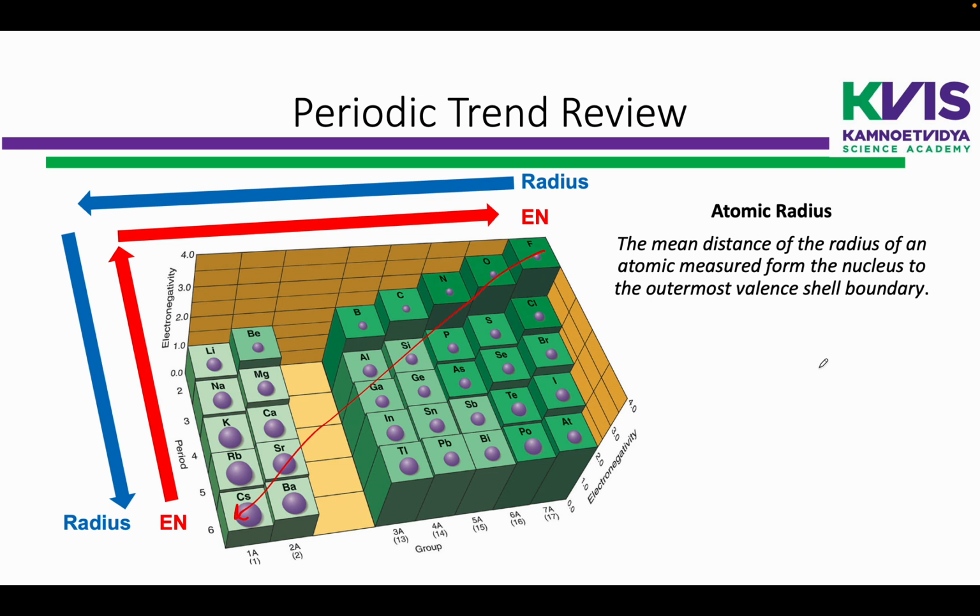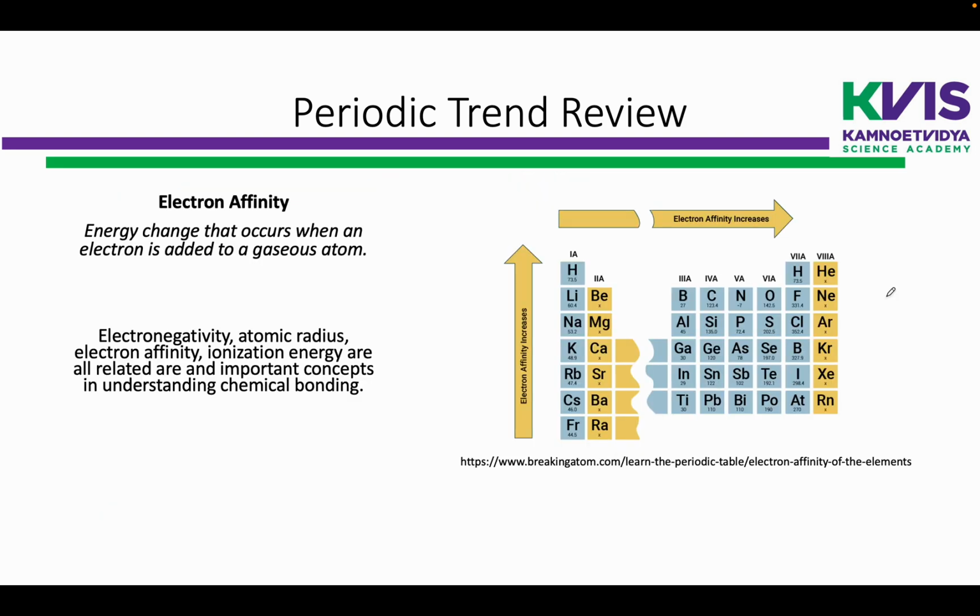To that outermost mathematical wave function, which we call the valence shell boundary. Okay. Electron affinity energy. It's the energy change which occurs when you add a single electron to a gaseous atom. That's it. By convention, that's all it is. And all of these numbers are computationally tabulated for you. So you can look up these numbers in tables.